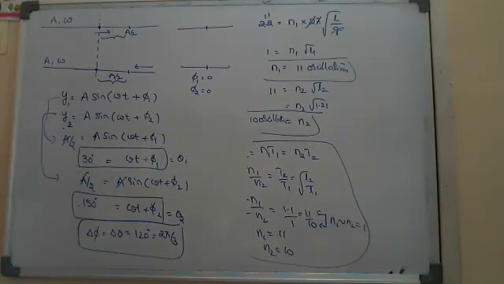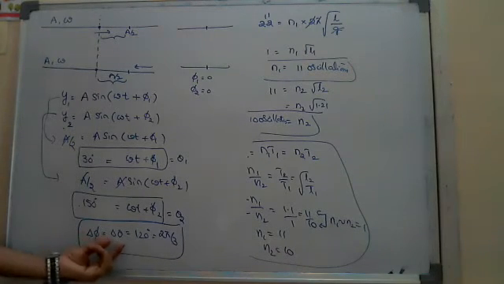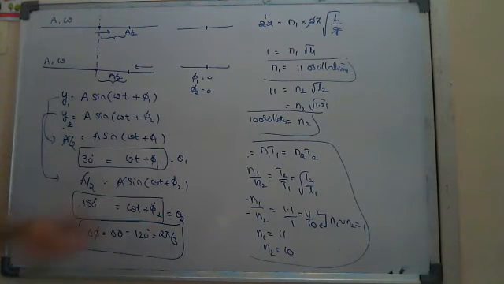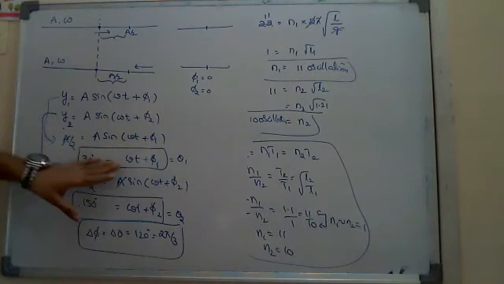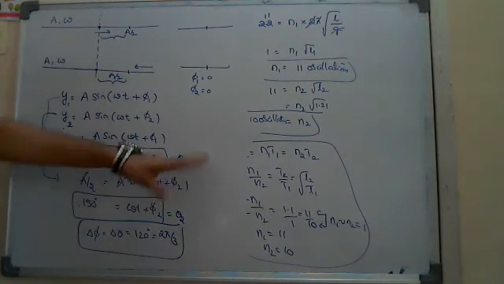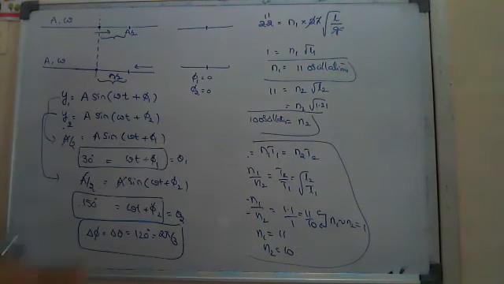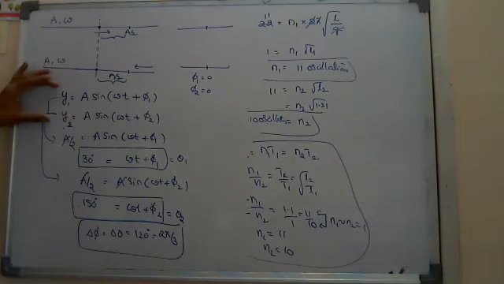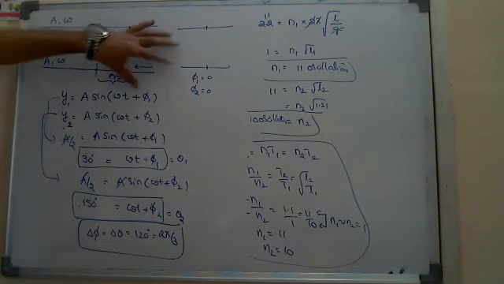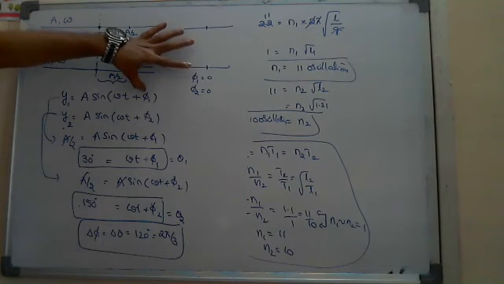Look at here. He is not asking the time. That's why here this phase difference we are not equating to that one, omega 2 minus omega 1 into t plus phi 2 minus phi 1, as we did previously. By this formula, even if you want to find out the time, he has to give the phi angle.